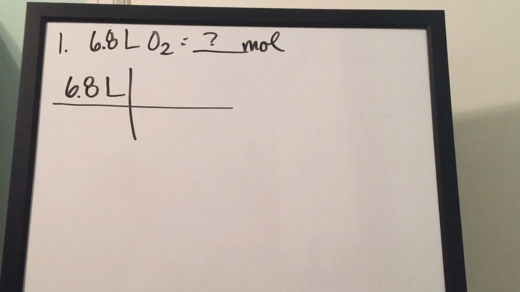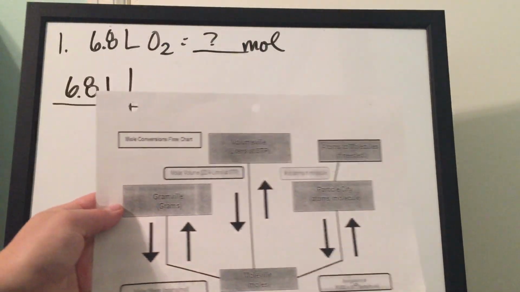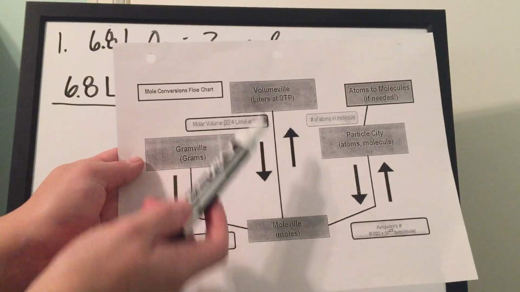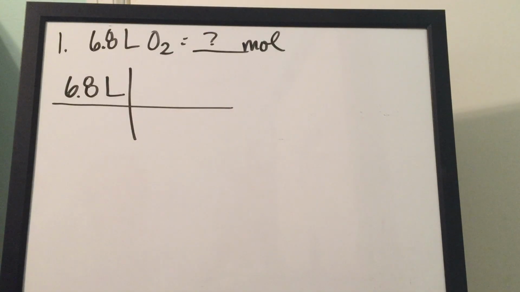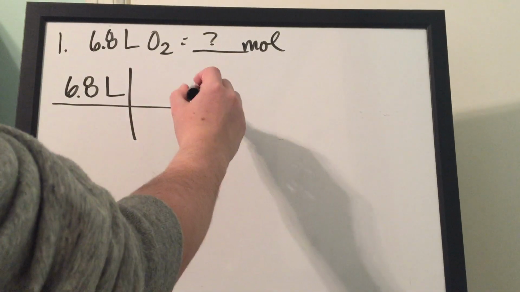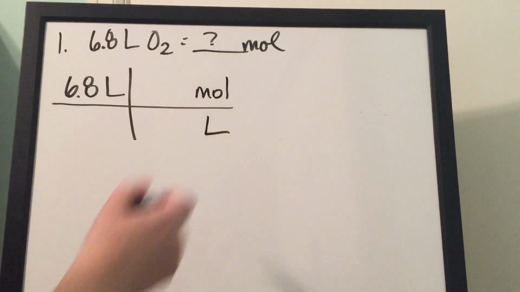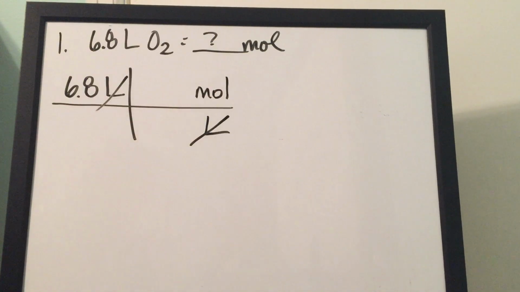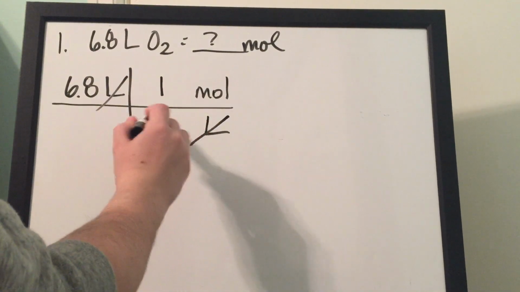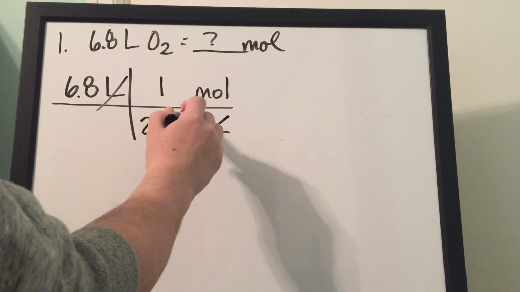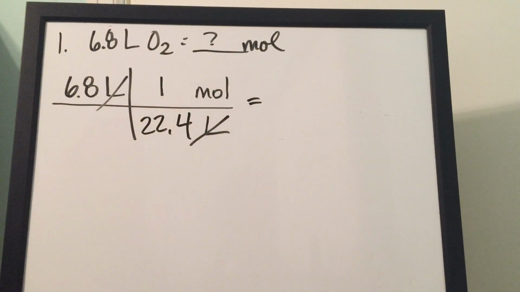If you need to and you want to, you can use your roadmap. We're in Volumeville. We're going to Moleville. And so, of course, we use this new conversion factor that we just learned a minute ago. We want liters to cancel. We want our answer to be in moles. And that conversion factor that we just learned was that 1 mole of a gas has a volume of 22.4 liters.